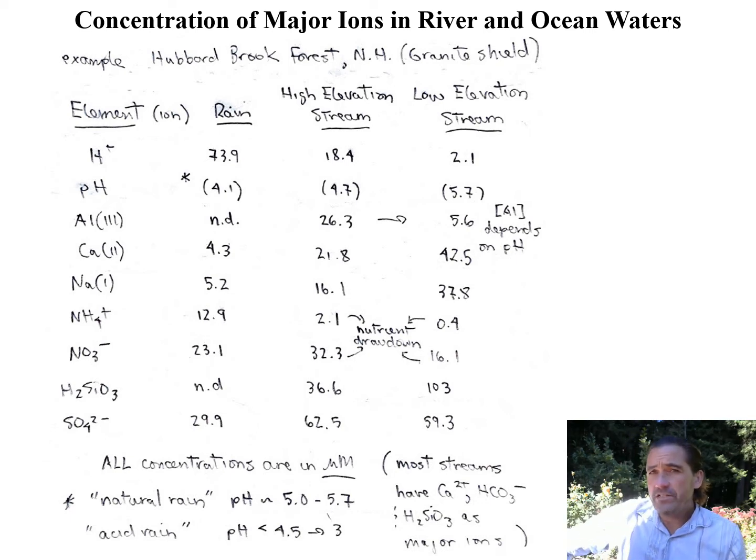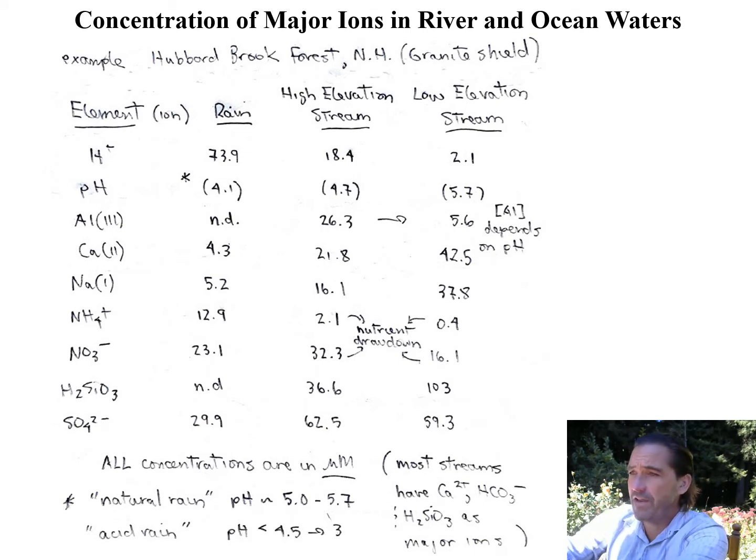So we're transitioning into chapter 10, the marine environment. And in doing so, I want to look at how the concentration of the major ions changes from the rivers to the oceans. We'll also look in this very short video about the budgeting of some of these elements within the ocean.